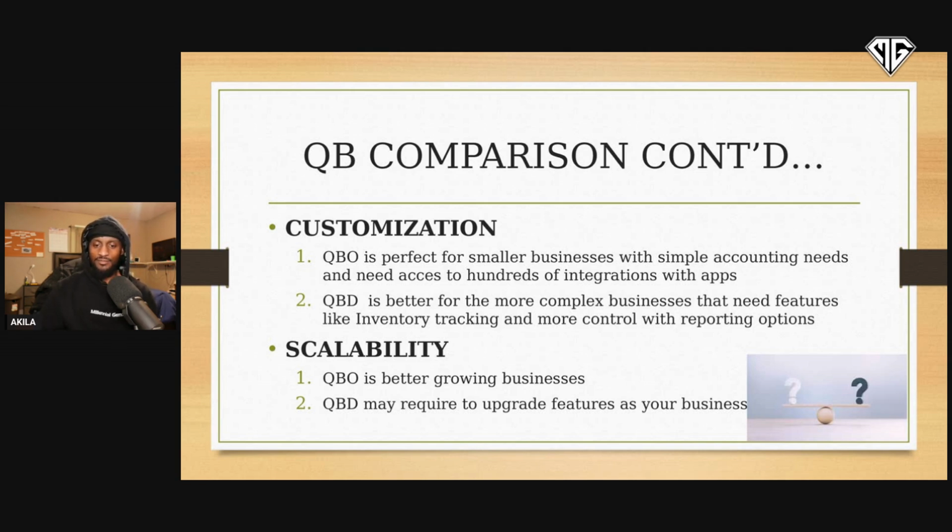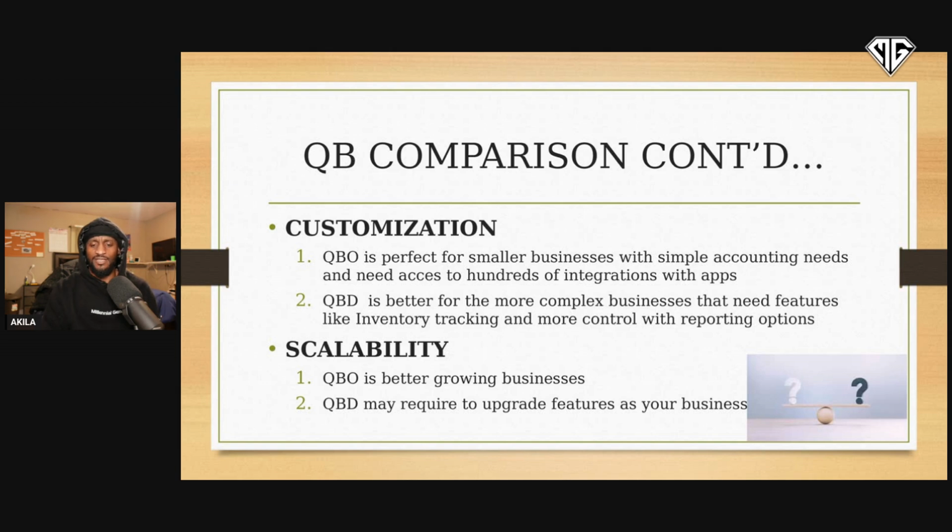And then QuickBooks Desktop is better for more complex businesses that need features like inventory tracking and more control of the reporting options. So if you're doing things like invoice batching or job costing, or if you're industry specific, like a contractor, manufacturer, or retailer.